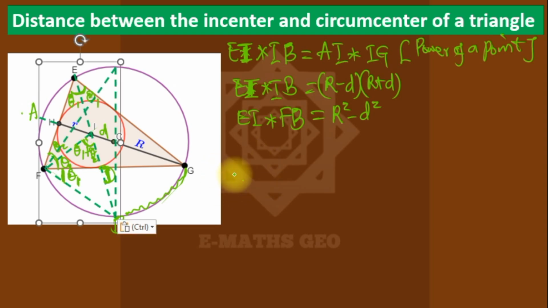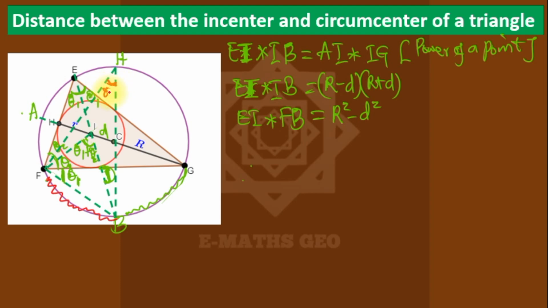Okay, so let's call it H. What do you have to say? Look at this arc. If you extend it to form an angle, it is the same as the angle here.